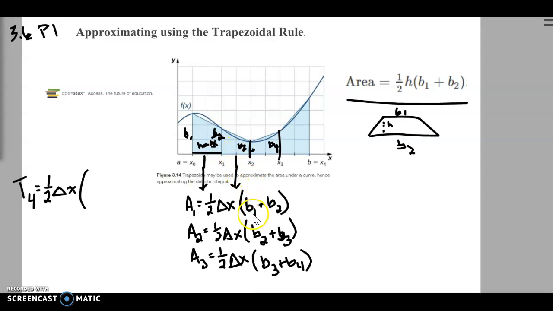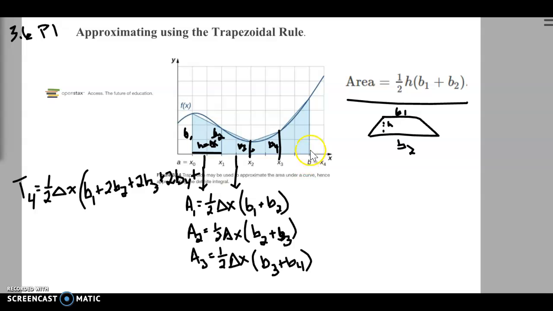But what we notice is the b sub 1 is only used once. But what about the b sub 2? The b sub 2 is used 2 times. The b sub 3 is used 2 times. And if I was going to go on and find my last area, you see that the b sub 4 would also be used 2 times. So it would be b sub 1 plus 2 times b sub 2 plus 2 times b sub 3 plus 2 times b sub 4.